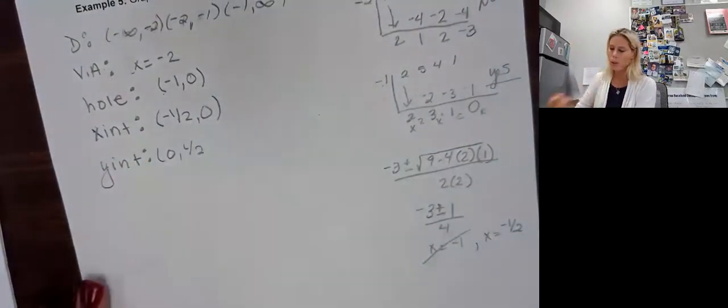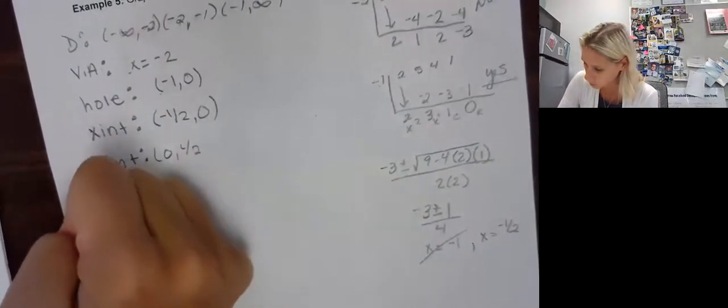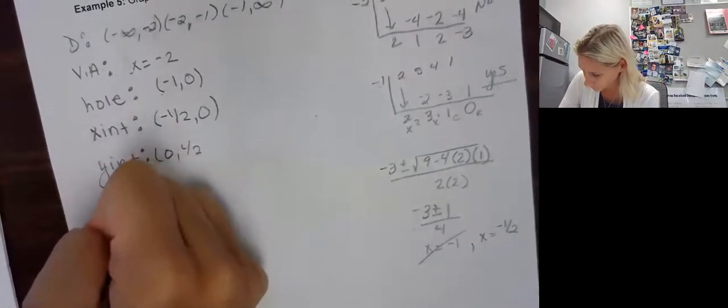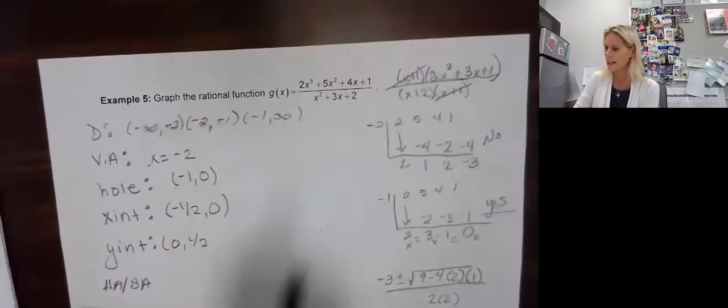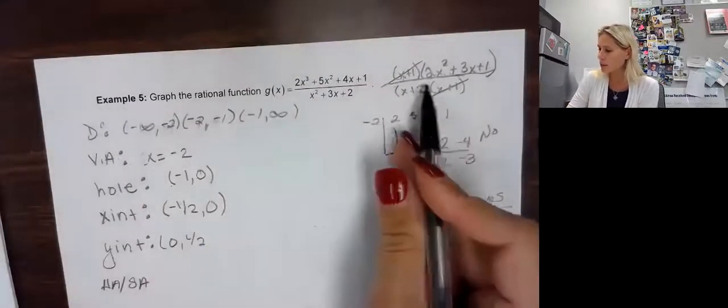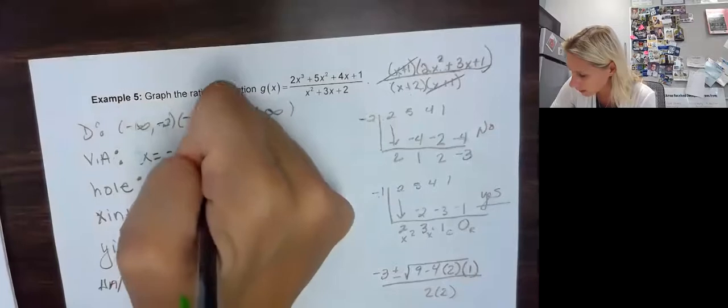Okay, before we do our horizontal or slanted, let's go back up for a second. That vertical asymptote is to the first, so it's odd.